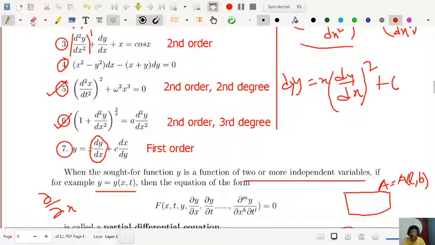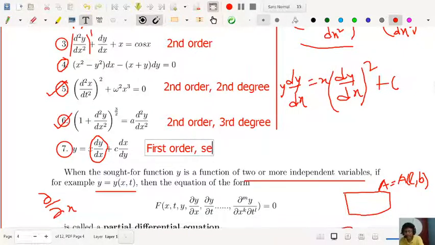Let me write in a more clear format. So it is written in the form of dy dx. Now you can specify the degree. The degree of this differential equation is 2, because you have a first order derivative involved and the power of the highest order is 2. So it is a first order second degree equation.